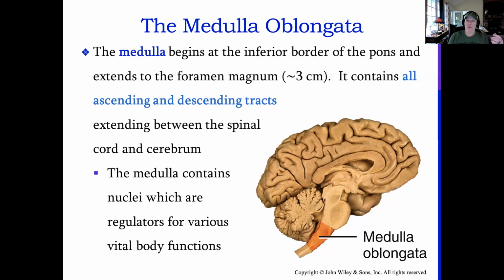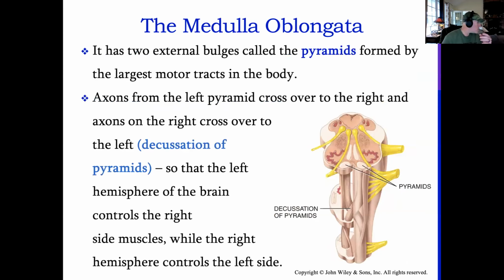We mentioned the descending tracts, which are carrying motor information away from the brain. Those descending tracts are going to cross over in the medulla oblongata. This crossing over of the descending tracts, or the motor tracts, is called the decussation of the pyramids.